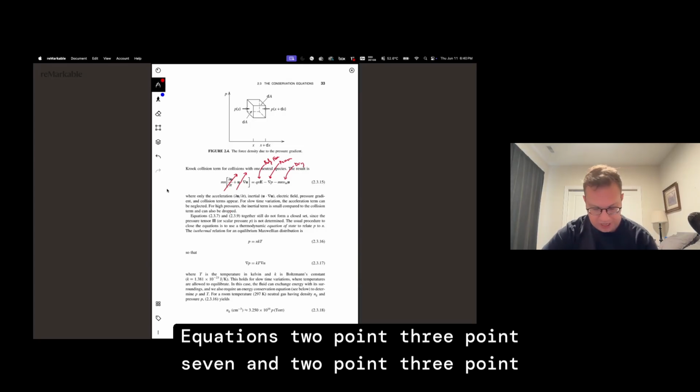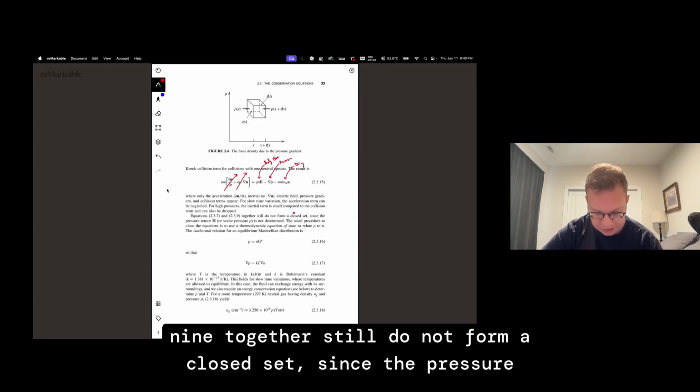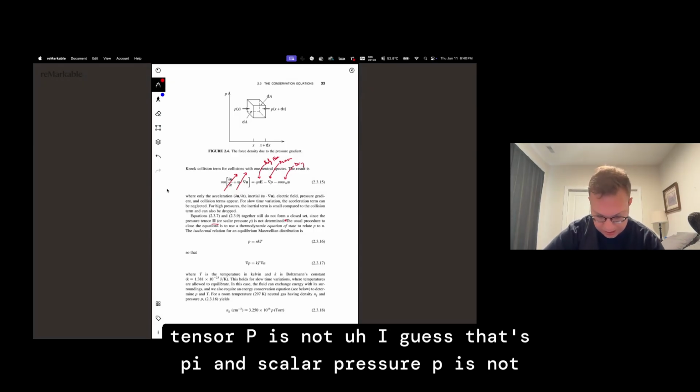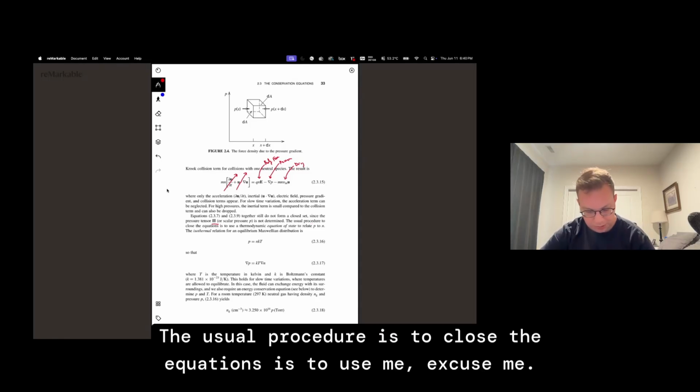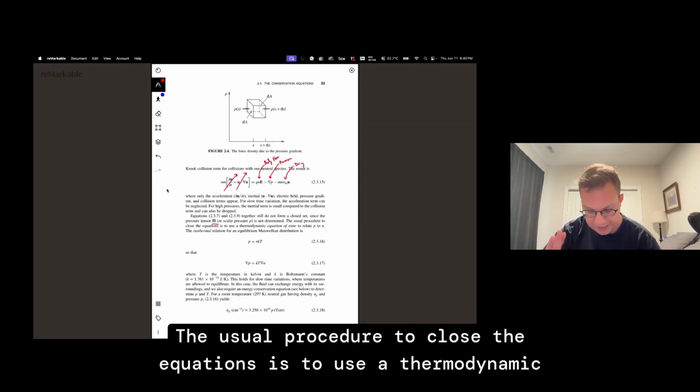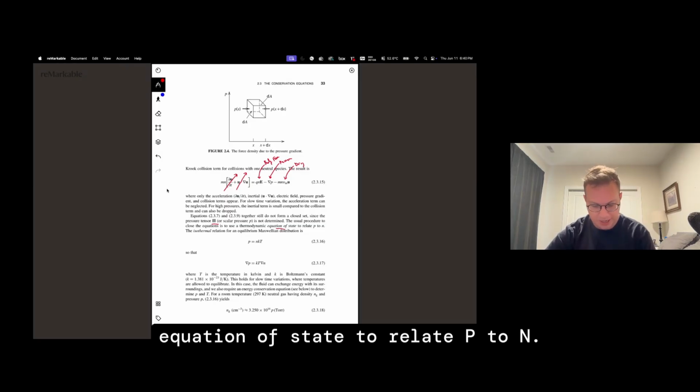Equations 2.3.7 and 2.3.9 together still do not form a closed set, since the pressure tensor Pi, and scalar pressure P, are not determined. The usual procedure to close the equations is to use a thermodynamic equation of state to relate P to n.